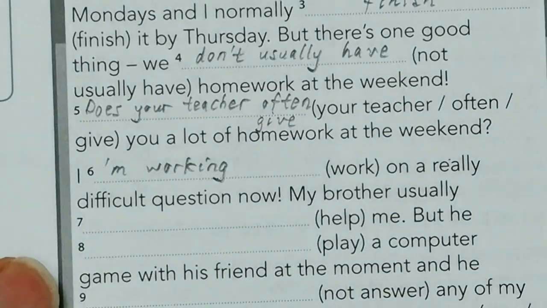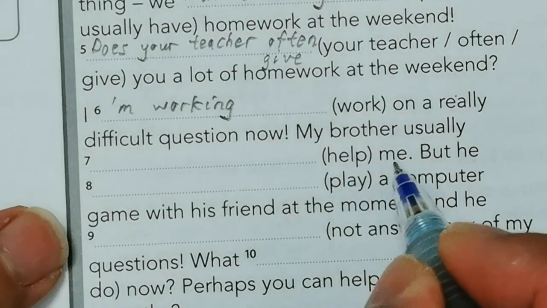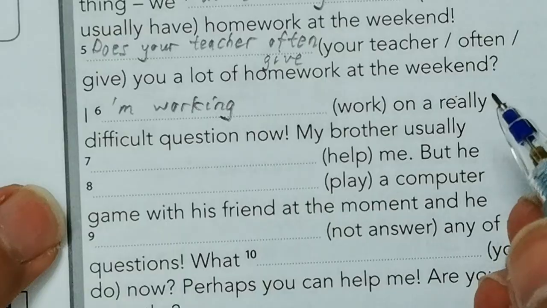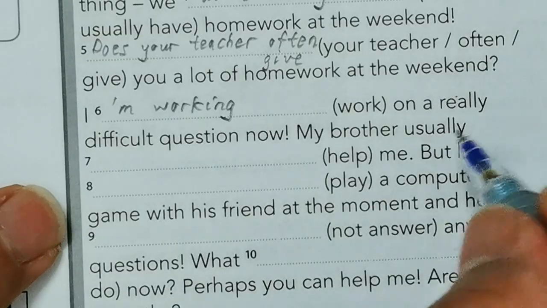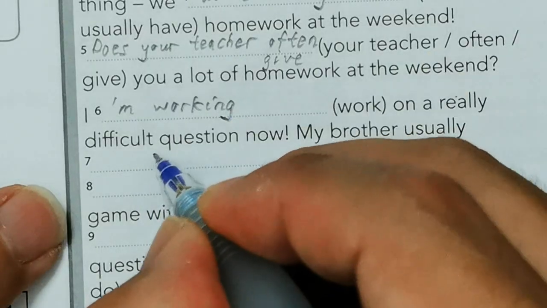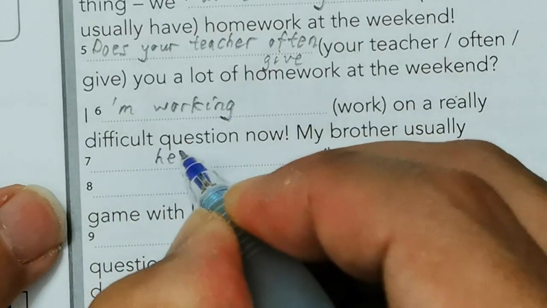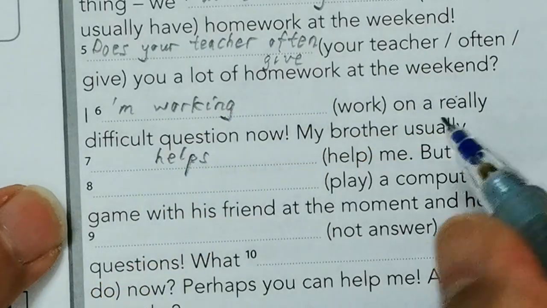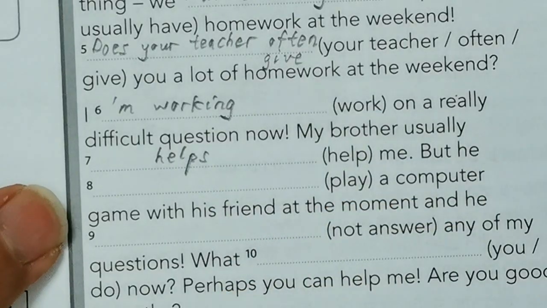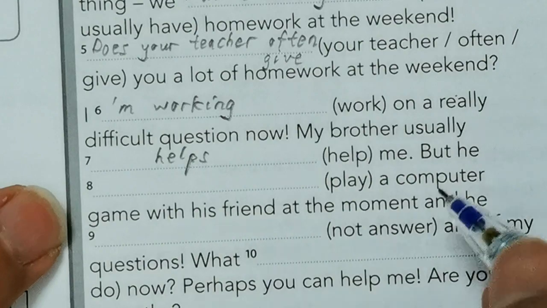My brother usually me. So my brother is a singular noun, so usually adverb, and then we have this helping. Sorry, helps. So my brother, a singular noun, so we follow with S. So my brother usually helps me.